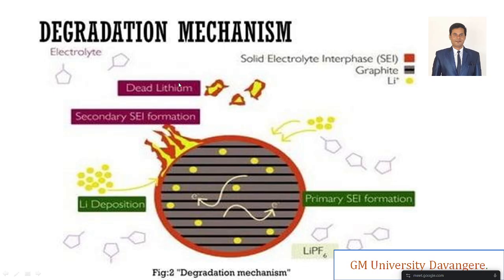And also you can see there is a secondary SEI formation. You can see there are lithium depositions on the other layers. So this may be the very reason that secondary solid electrolyte interface formation may occur. The secondary solid electrolyte interface may also happen on this surface, on the graphite.